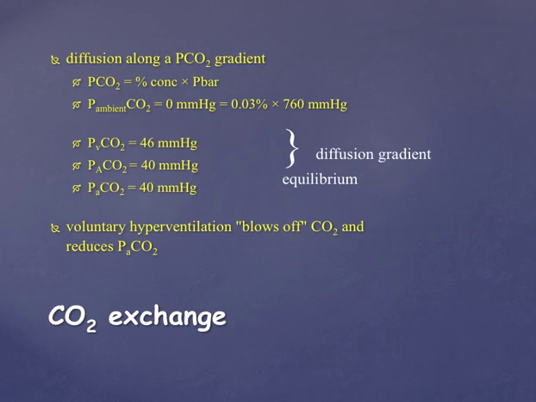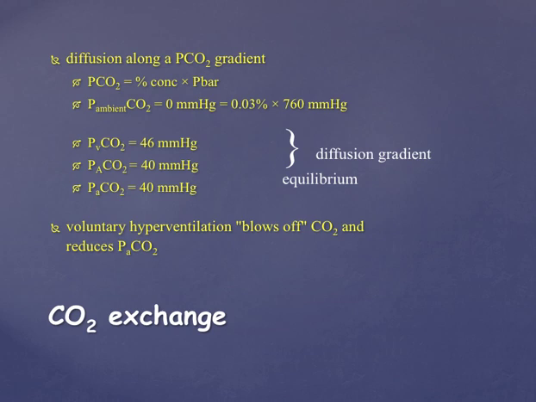It will approach 0. So by voluntary hyperventilation, I can reduce partial pressure of carbon dioxide in the arterial blood. That can have a serious effect on the body via my favorite equation, the buffering equation.